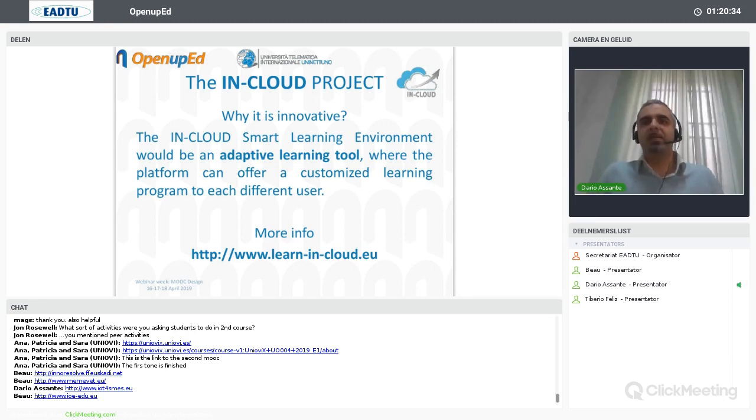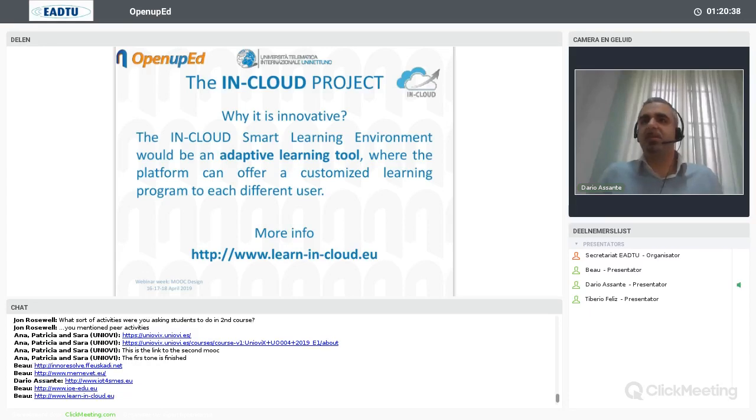The idea was that in vocational training there are a lot of different kinds of learners with different needs in terms of available time, in terms of starting knowledge, in terms of working interests, and so on. And so just standard training courses were not enough.